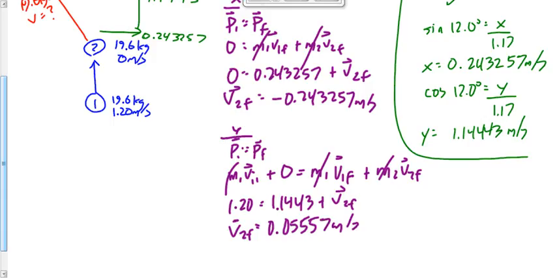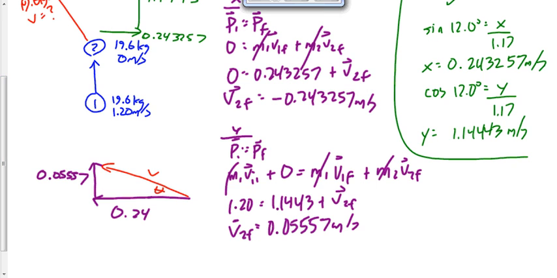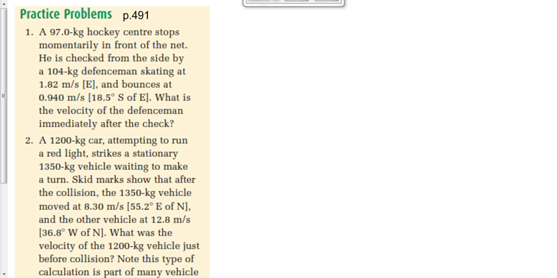Now, you guys know what to do now, right? 0.24. Good. All right. Have a look at these ones, page 491.